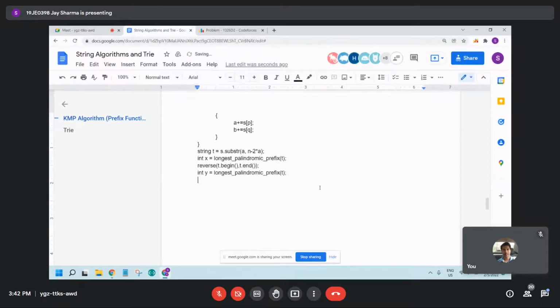And then we will compare if x is greater than y.